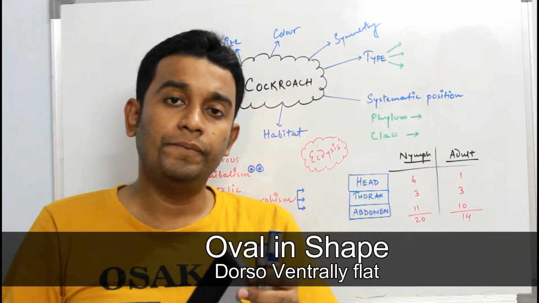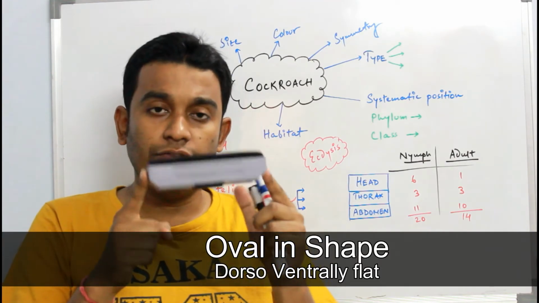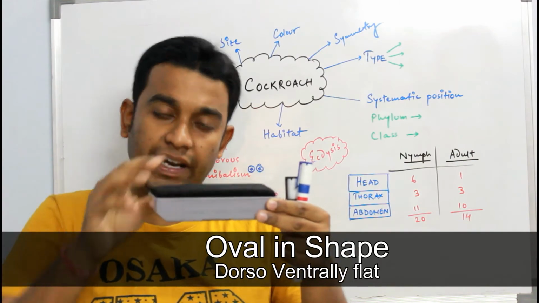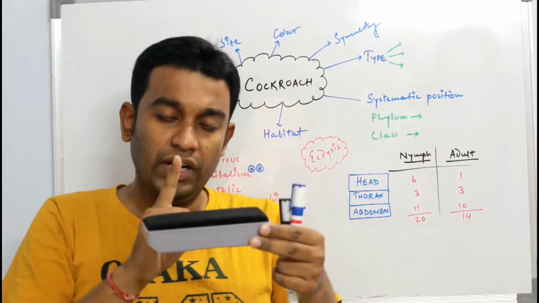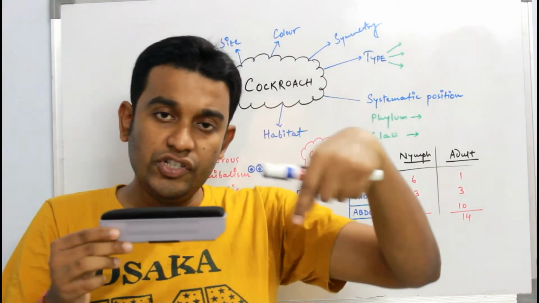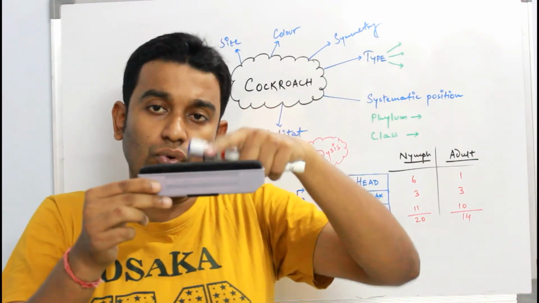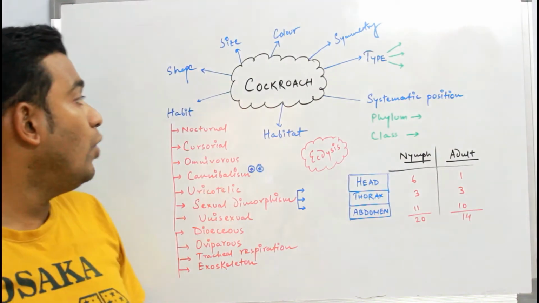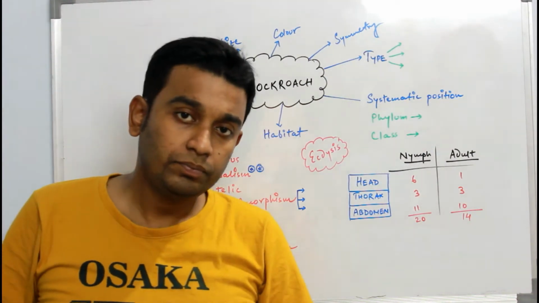Point number 1. Second, if you are observing a cockroach like this, you will see it is dorso-ventrally flat. So what I've said, oval in shape and dorso-ventrally flat. So that's about the shape of a cockroach.